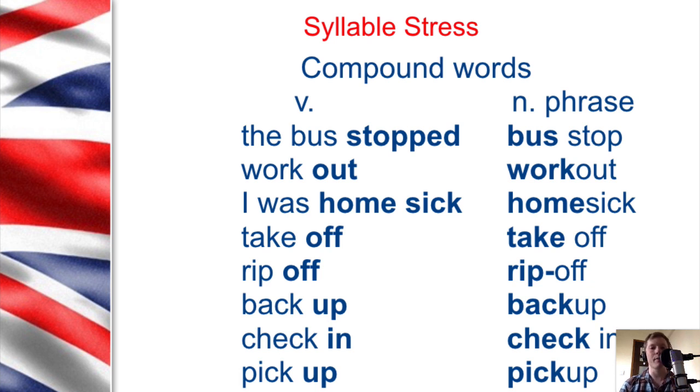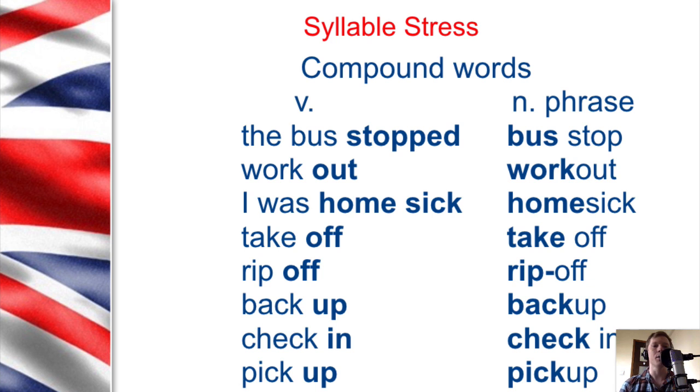These are words which are made up of two separate words that are put together, or sometimes they're two-word phrases that have one word stressed and one word unstressed. And the stress can change depending on whether it is a noun phrase or a verb phrase. For example, we would say back up. For example, I need to back up my computer.